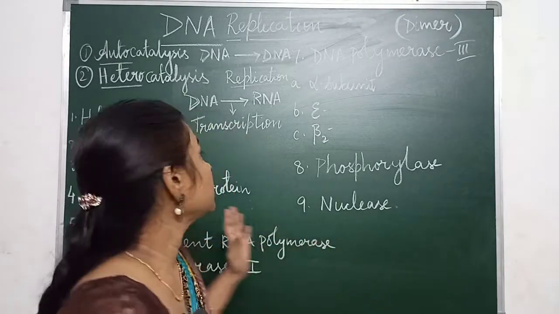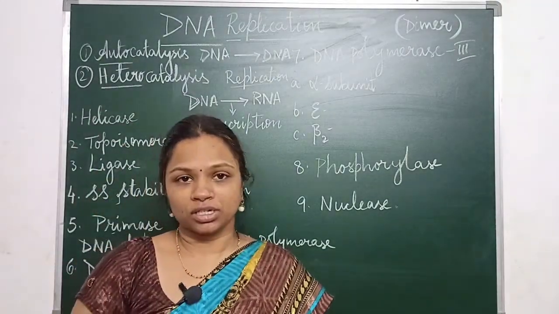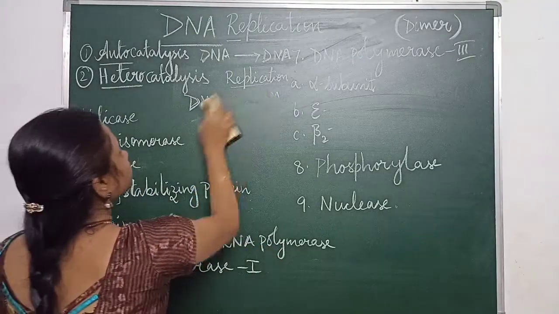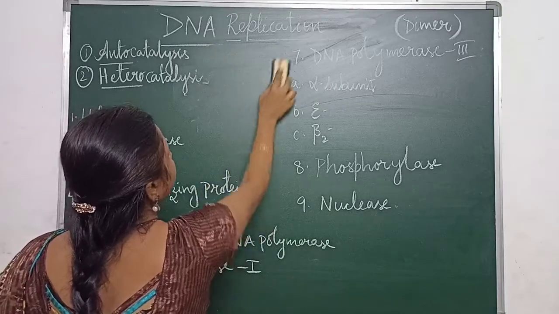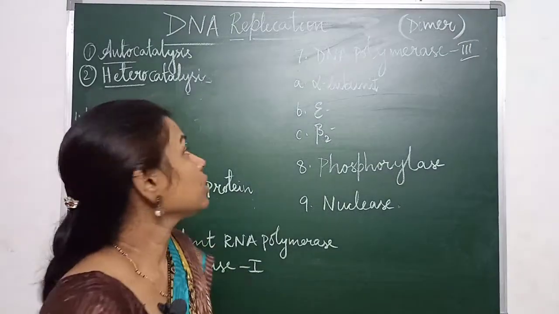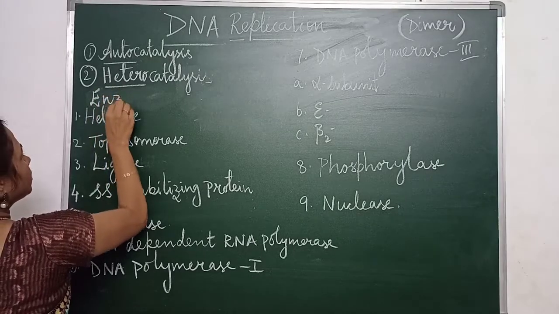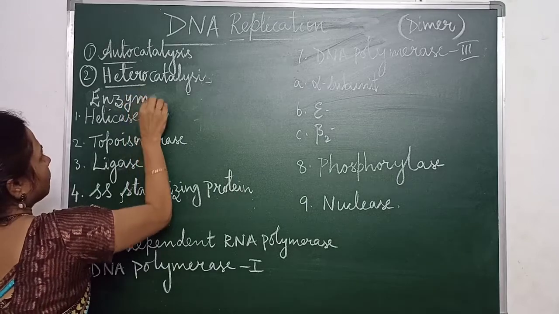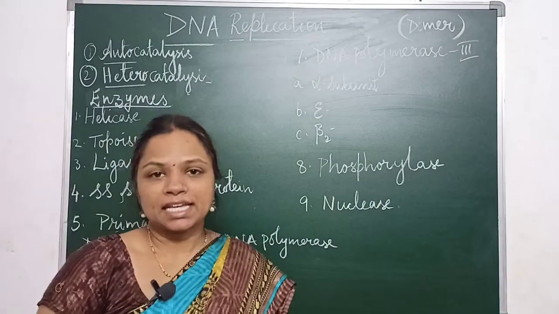So, today we will be learning about the different enzymes and how they actually work, what their function is. Here are the enzymes that are required for the process of DNA replication. The first one is the helicase enzyme.